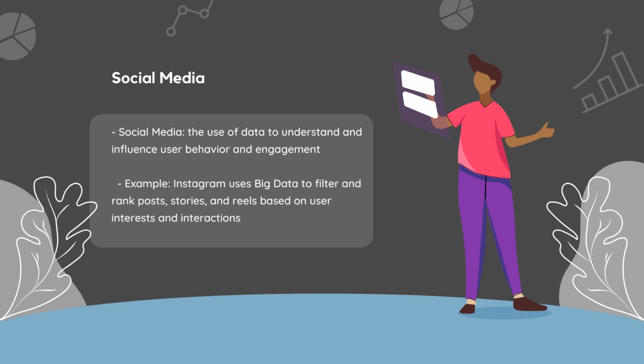Instagram also uses big data to measure and optimize user engagement, retention, and growth, and provide insights and analytics to content creators and advertisers. Instagram's big data strategy has helped create a more relevant and enjoyable experience for its users and a more effective and profitable platform for its partners.